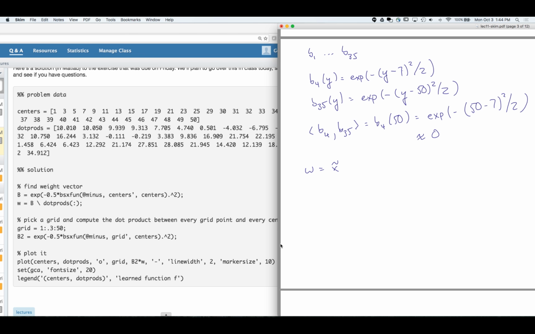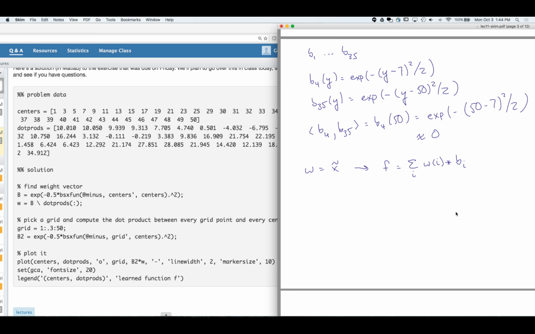And then the last thing that we have to do is plot it, right? So W equals x tilde, which means that our function is equal to the sum over i of W of i times B sub i.